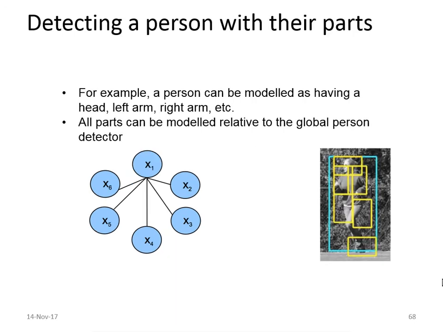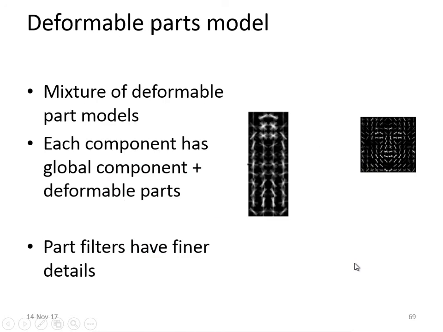This is just an example with a person. If I try to do pedestrian detection, I first try to detect the whole body. That would be a root detector, which is basically the same detector as the Dalal-Triggs one we saw in the demo. Then you also train detectors for individual parts, for example the head, the arms, the legs, and so on, and then you link them together.